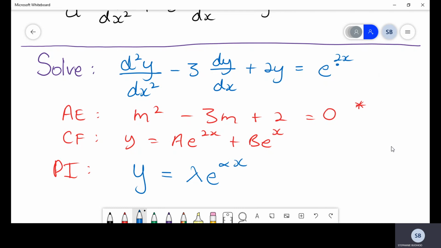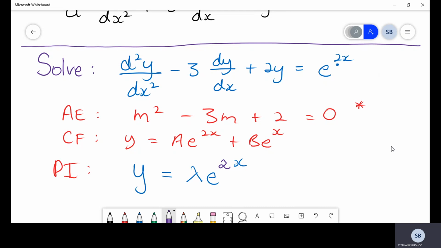Now, in this question, on our right-hand side, the value that the exponential function is being raised to is 2x. So therefore, I can replace my alpha with a value of 2, and that's our particular integral. Now, there's something quite concerning about this particular integral for this question.